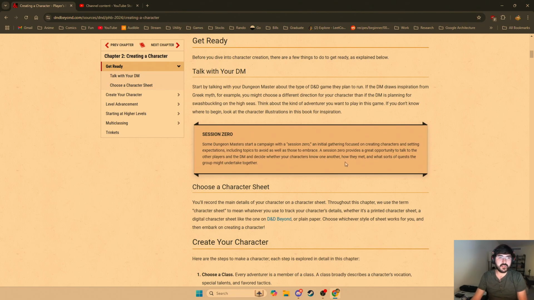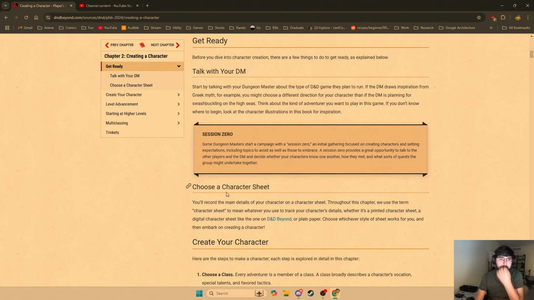It really gives you the overarching themes of the campaign. And if you're, for instance, going a ranger and they have favorite terrain and stuff like that, if you pick Underdark as one of your favorite terrains, but you never go to the Underdark, that really hamstrings the class. So these kind of conversations are critical for some classes more than others.